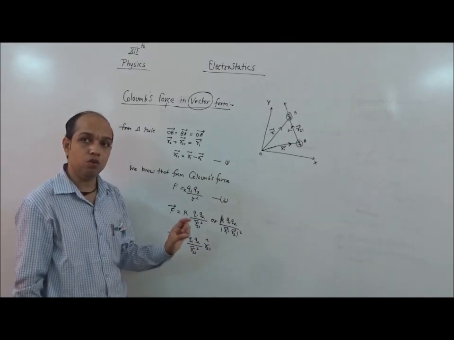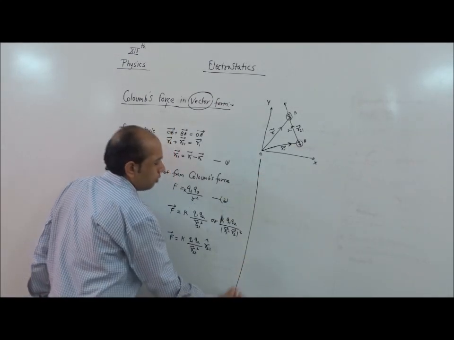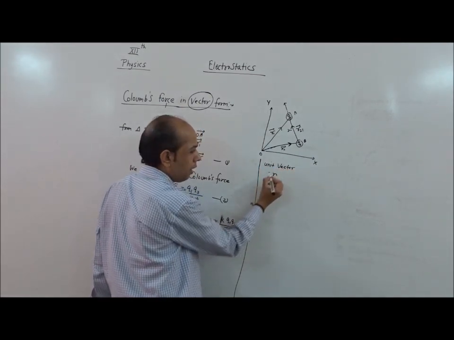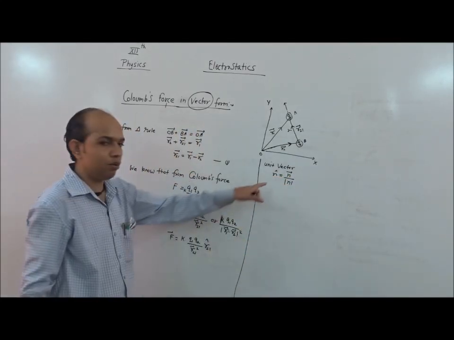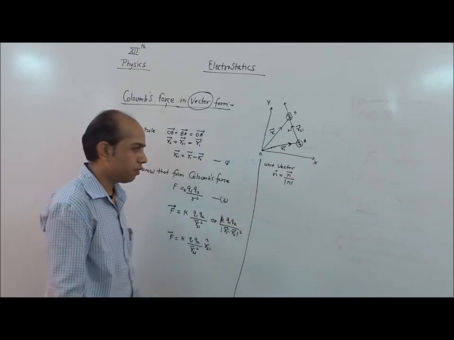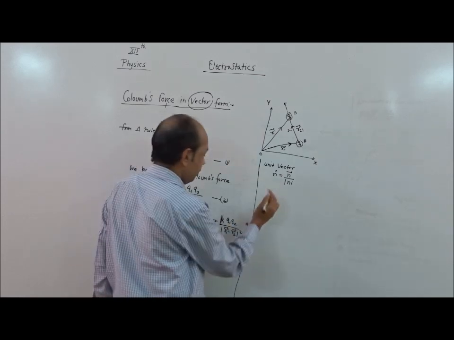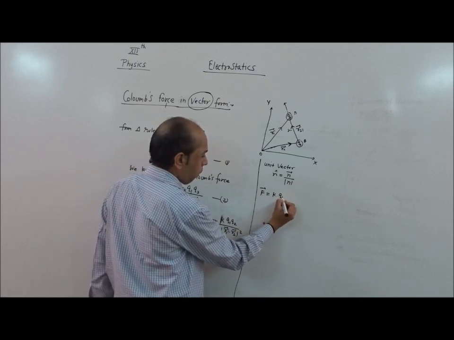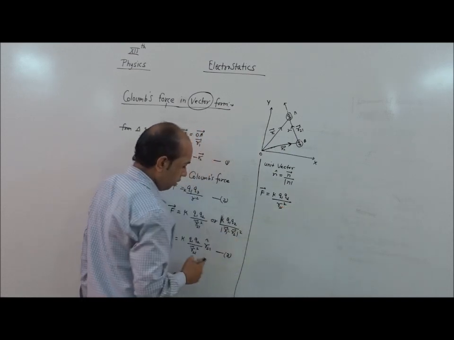Here R21 cap represents the unit vector. As we know from class 11, a unit vector is represented by n cap, and this equals n vector upon modulus of n. This is the way to represent the unit vector. So if R21 is written in terms of unit vector, equation number 3 is also written as F vector equals K Q1 Q2 upon R21 square and R21 cap.